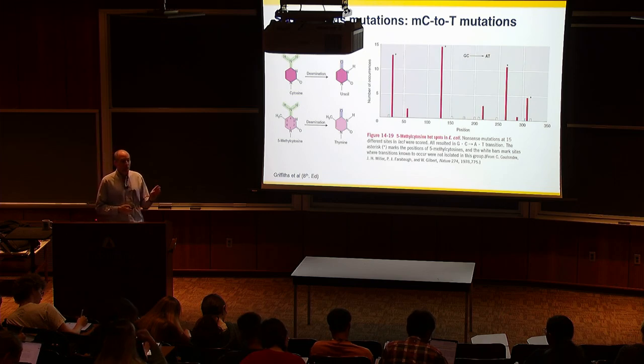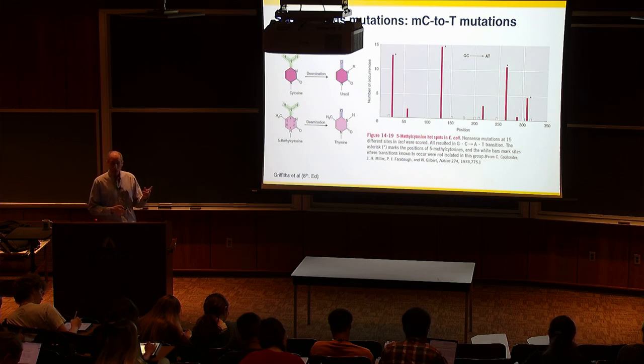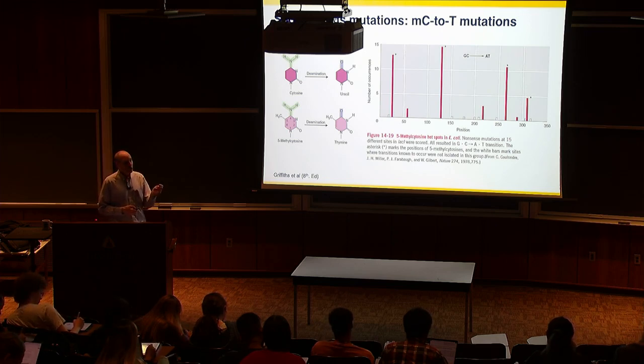The only way to recognize it is as a mismatch. It's now a thymine base paired with a G, a TG base pair. That's an erroneous base pair, so that can be recognized. But the recognition has to then know which way to correct it. And we'll get to that in a minute, how the system knows which strand is the right one and which is the wrong one if the base pairing is incorrect.